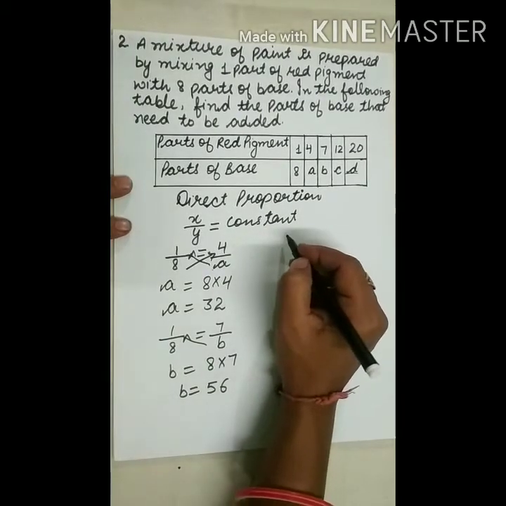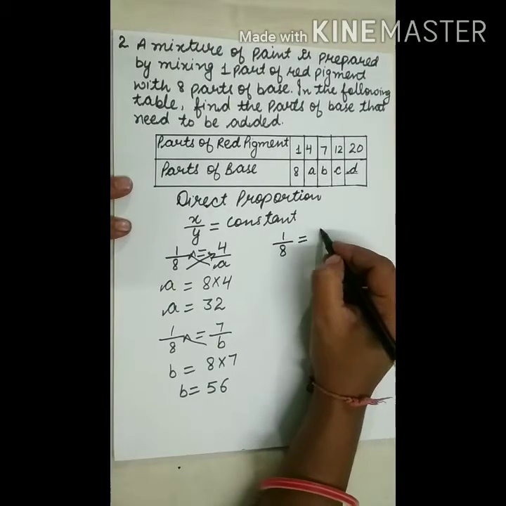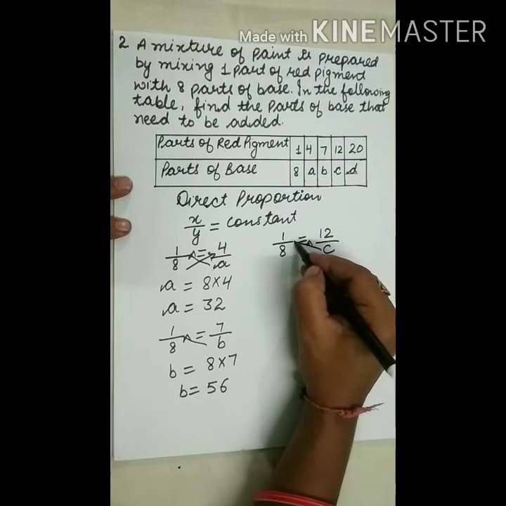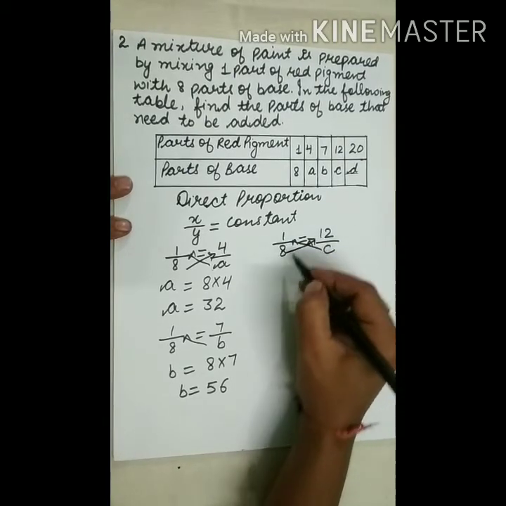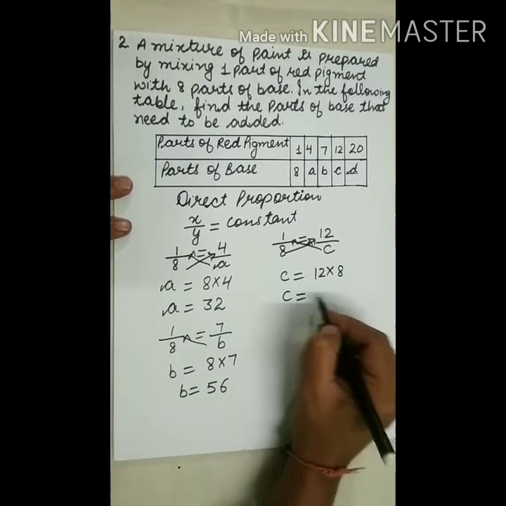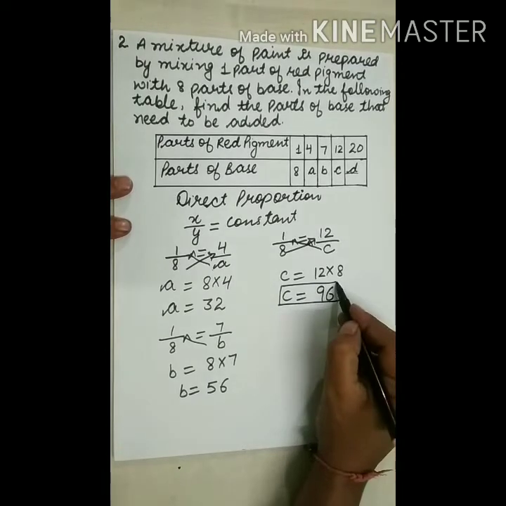Now similarly 1 by 8 is equal to 12 upon c. Again c multiplied by 1 is c. 12 multiplied by 8 is 96. So the value of c is 96.